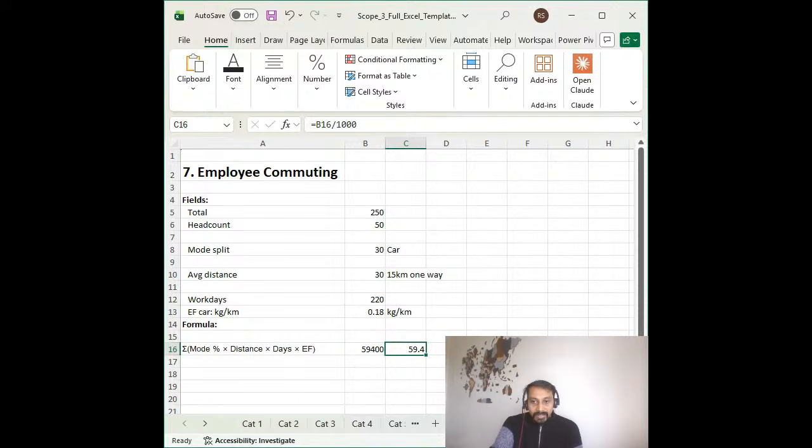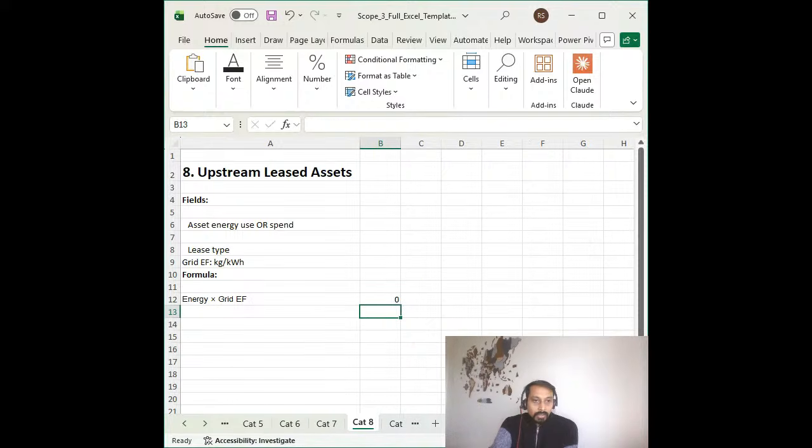Then category 8, that's coming for the leased asset. So again, it's very typical to calculate. For fields, you will require, for example, you have a leased warehouse, so you have to calculate your energy use.